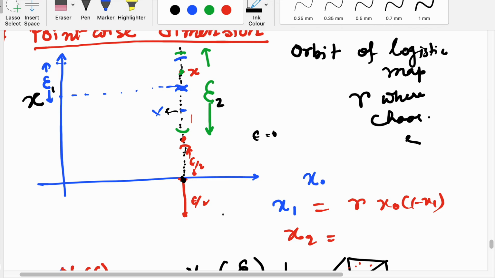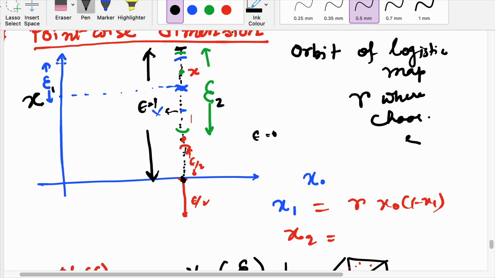So if I increase epsilon, instead of 1, if I take 2, you will still find the same number of points as in the cover of 1, because outside epsilon equal to 1 there will be no point.